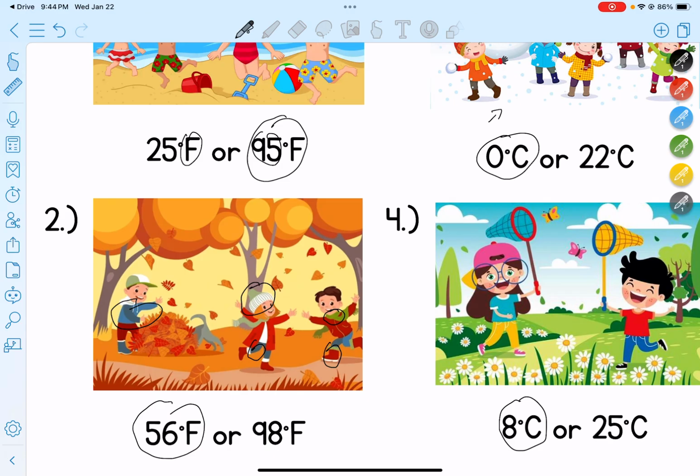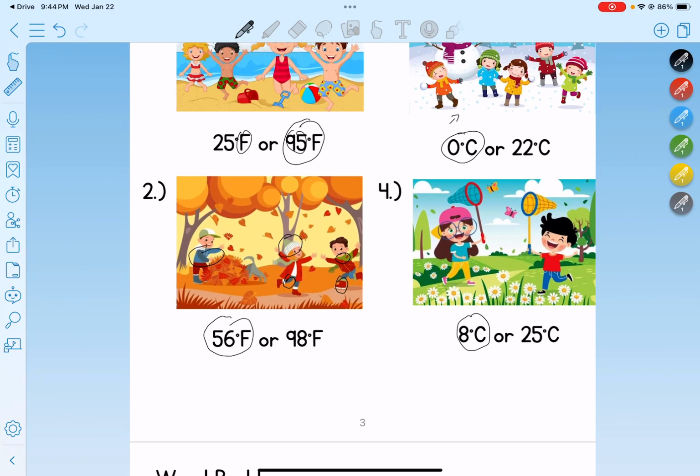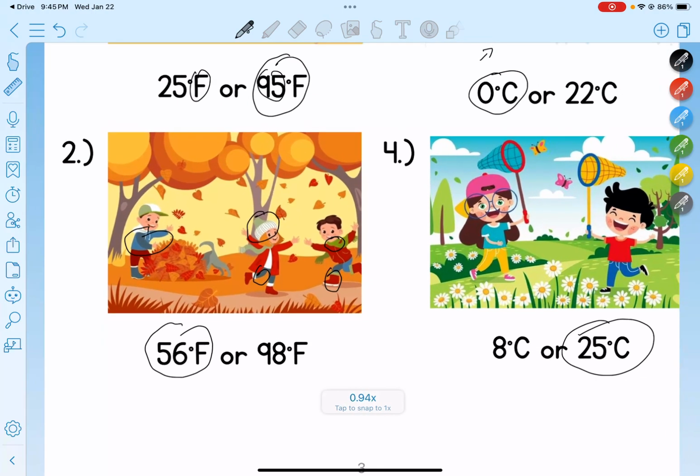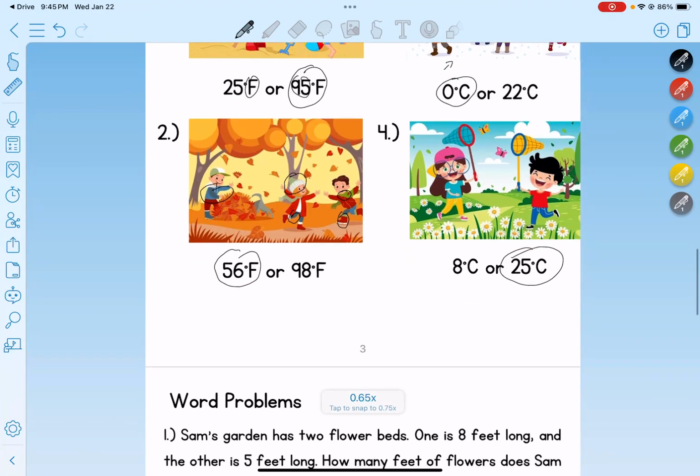Celsius to Fahrenheit, so if we do a quick calculation, 25 Celsius would be around 77 Fahrenheit. And 8 would be pretty low. So 25, which is 77 Fahrenheit, is correct.